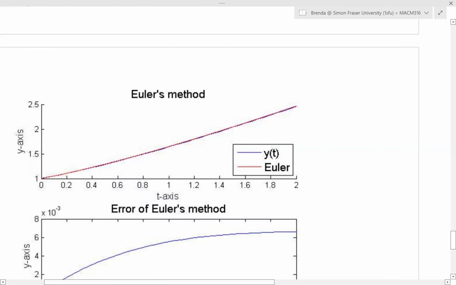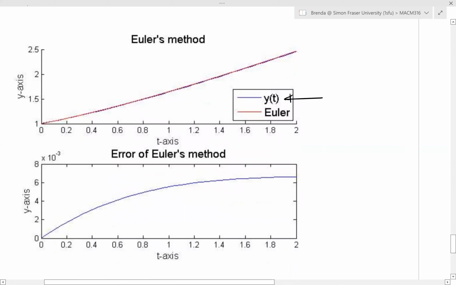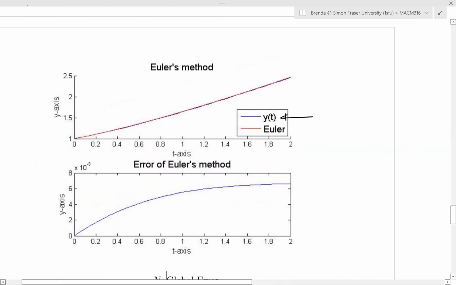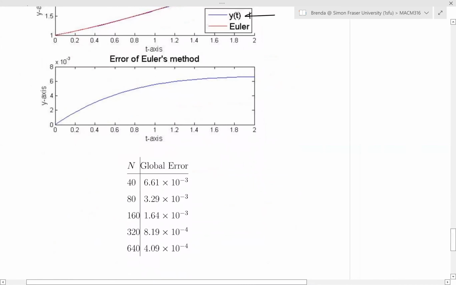So the blue is the exact solution plot, and the red is Euler's method, which of course is the discrete one. And then you can see that the error continues to increase as you do more and more steps. And then you see here the global error.